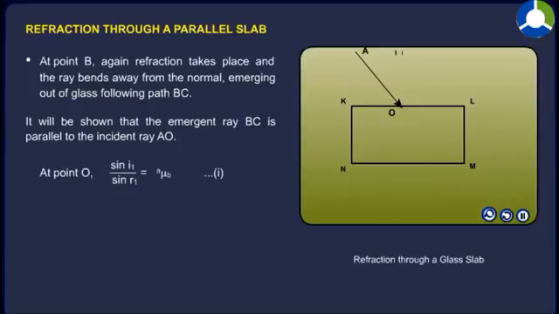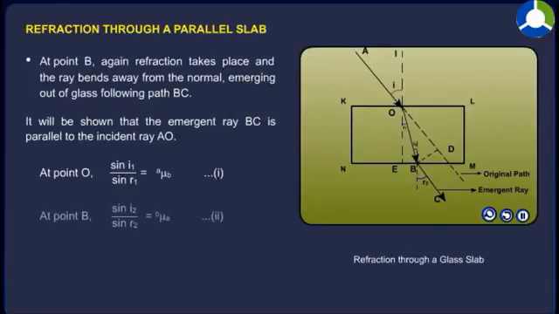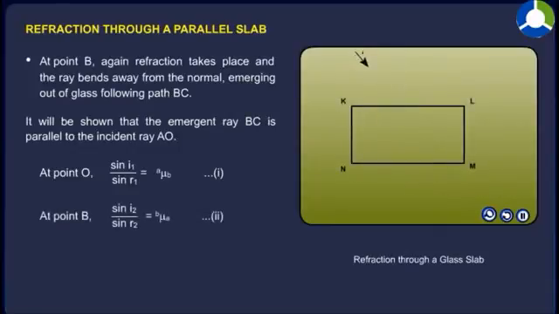At point O, sin I1 upon sin R1 is equal to the refractive index of medium B with respect to medium A, equation 1. At point B, sin I2 upon sin R2 is equal to the refractive index of medium A with respect to medium B, equation 2.